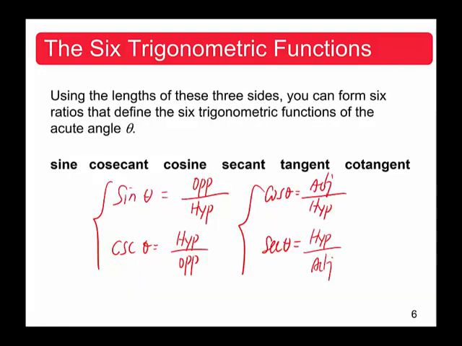The last group is tangent and cotangent. Tangent theta equals opposite over adjacent, so cotangent theta, the reciprocal of tangent, equals adjacent side over opposite side.